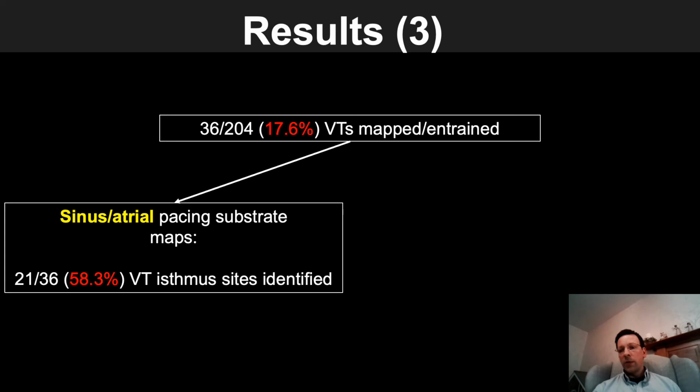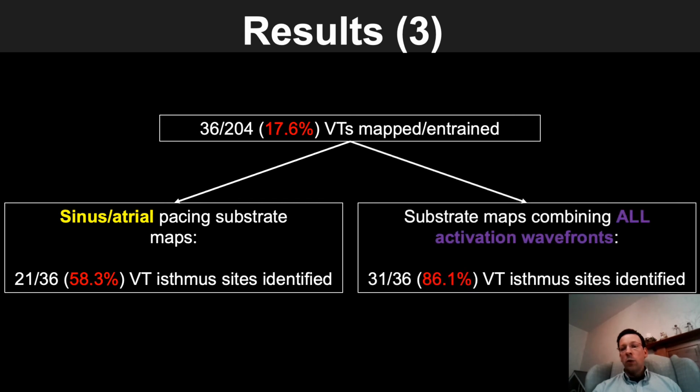Substrate maps generated during atrial pacing, sinus rhythm alone, identified 21 out of 36, or 58.3%, of the VT isthmus sites. Combined substrate maps generated using 2 to 3 pacing wavefronts identified 31 out of 36, or 86.1%, of the VT isthmus sites.